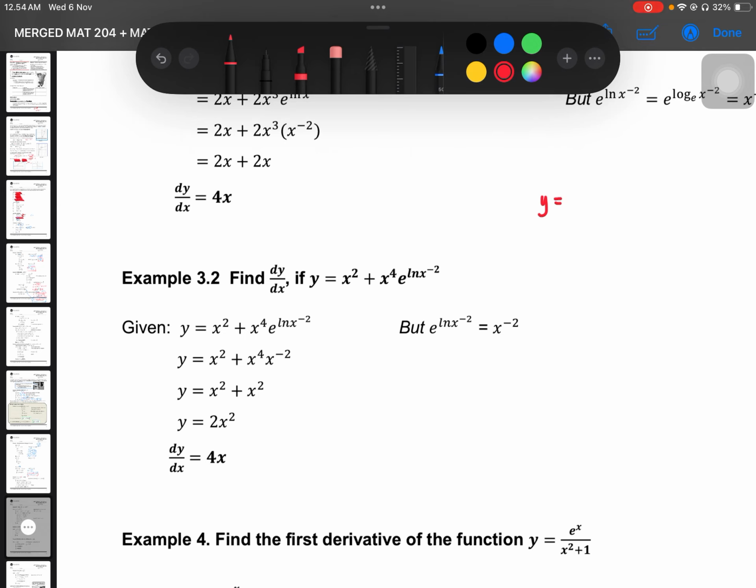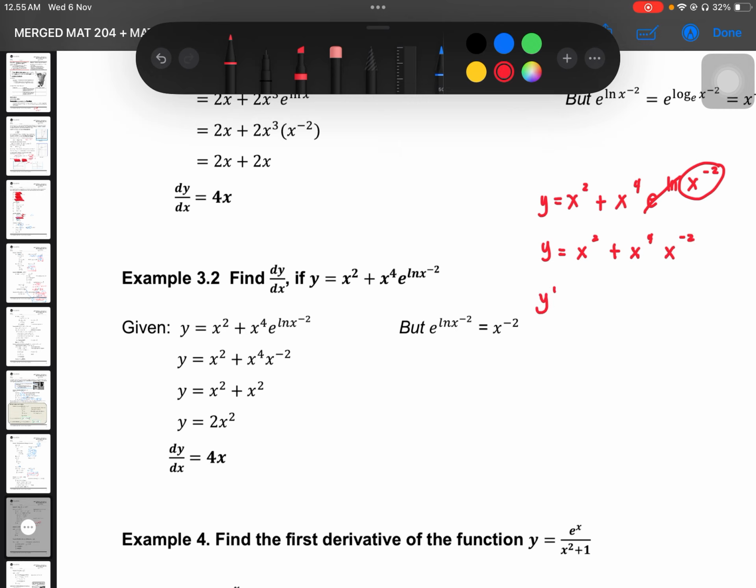We have y is equal to x squared plus x raised to 4 e raised to ln of x raised to negative 2. Eh, diba sabi sa atin kanina na kapag meron kang e raised to ln, ito na lang yung kukuhanin natin. Makakancel na to. So, ibig sabihin, matitira na lang sa atin y is equal to x squared plus x raised to 4 multiplied by x raised to negative 2.